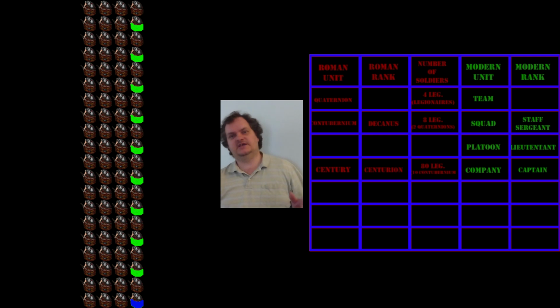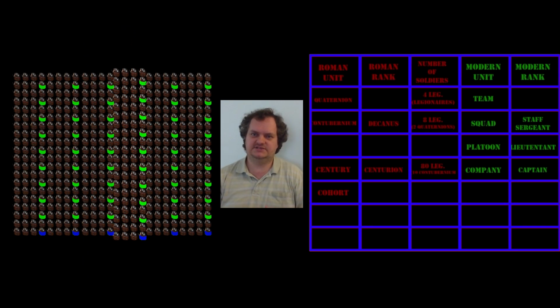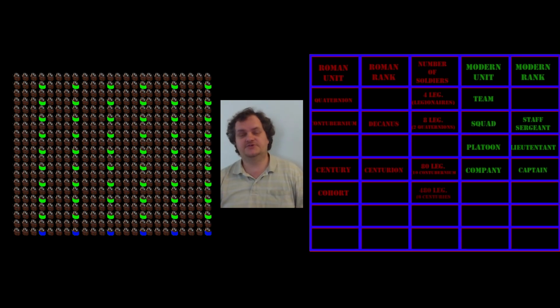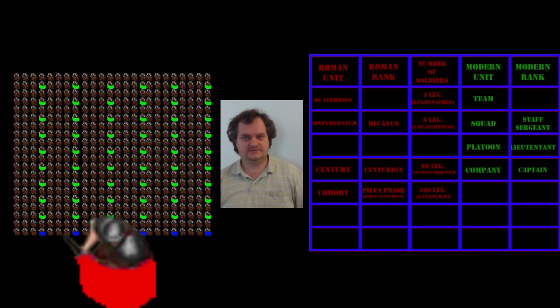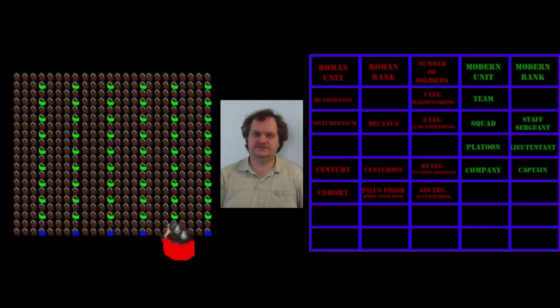After the century, we get the cohort. And the cohort is made up of 6 centuries. 6 times 80 is 480 soldiers in a cohort. The commander of the cohort is the pilus prior, and this is simply the centurion of the first century.